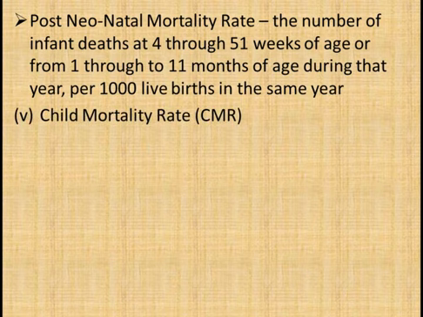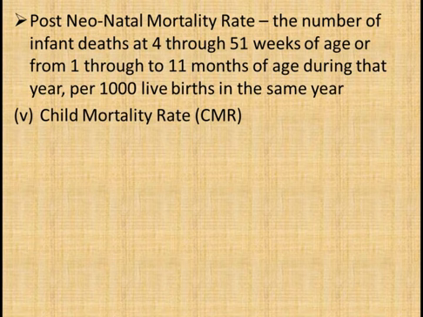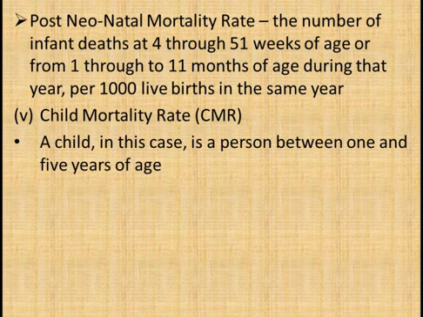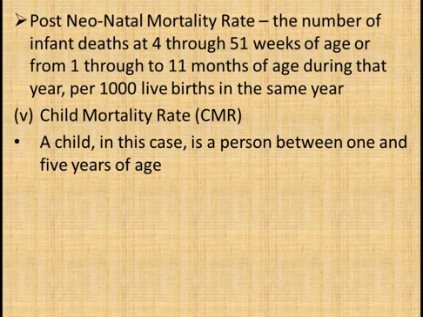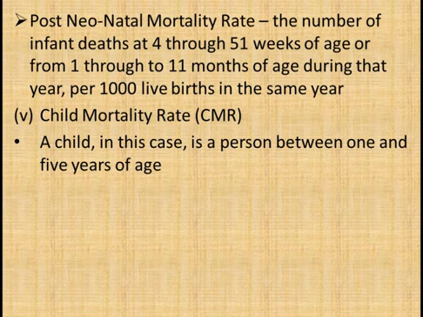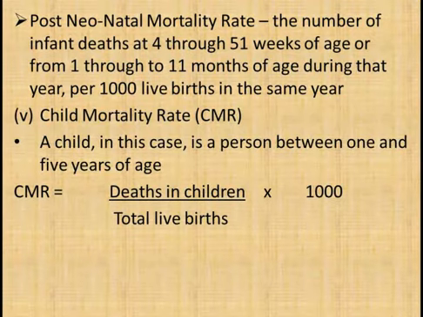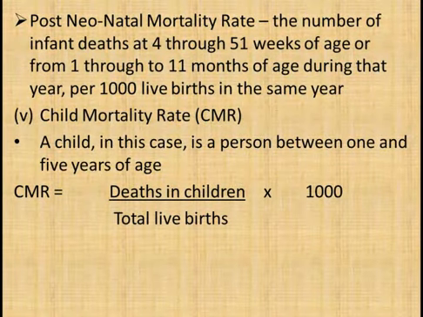We also have the child mortality rate, and as we know, there are several definitions of a child. However, in this case, a child is a person between 1 and 5 years of age. And for child mortality rate, as a formula, it is given as deaths in children over total live births times 1000.